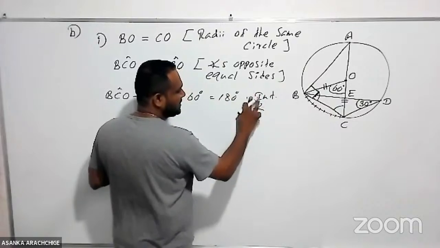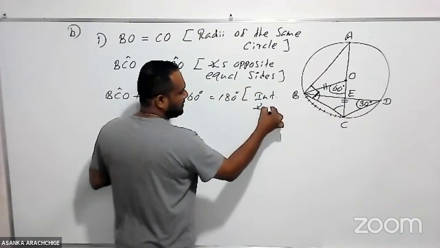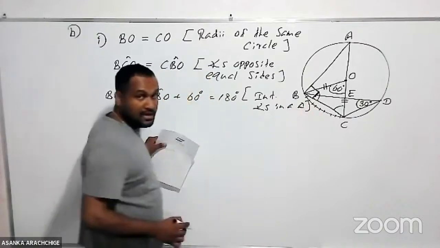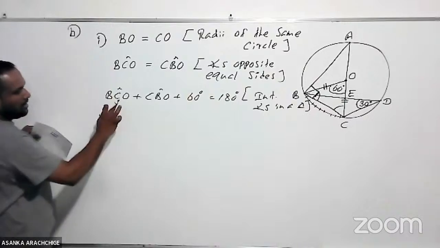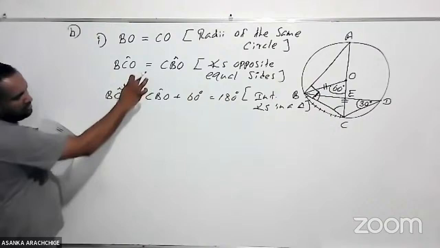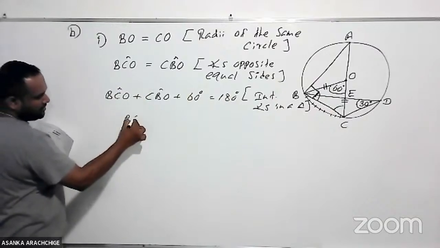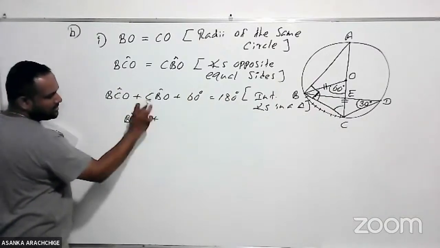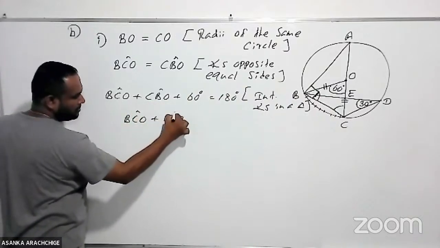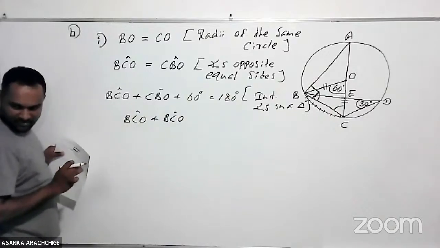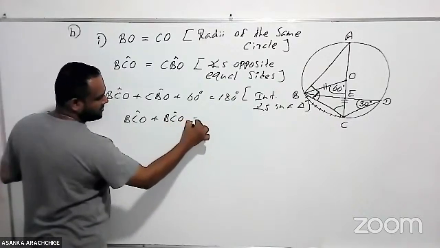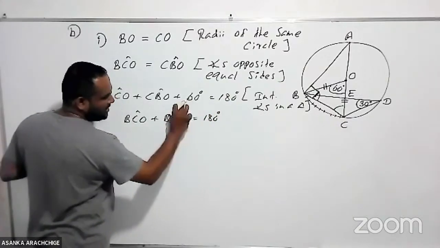But BCO and CBO are equal, no? Therefore, you can write BCO plus, instead of CBO, you can rewrite BCO because they are equal, no? Instead of this also, you can write the same is equal to 180.